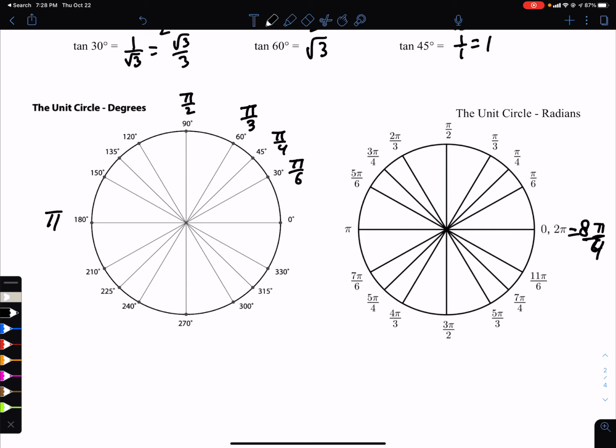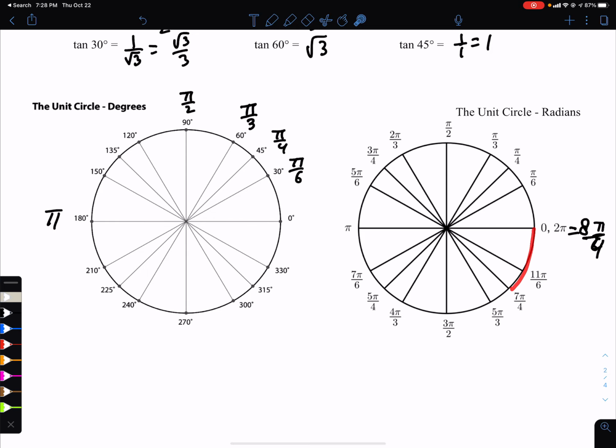If I'm at 8 pi over 4 and I go back 45 degrees, that'll bring me back to 7 pi over 4. And if I'm dealing with pi over 3s, 2 pi would be 6 pi over 3. Well, if I back up 60 degrees, bam, I reduce by 1, I'm at 5 pi over 3.